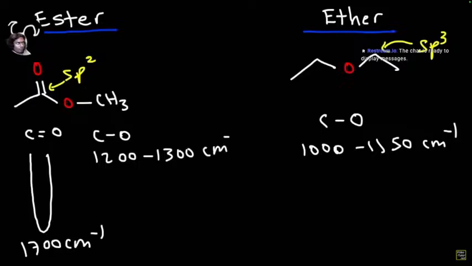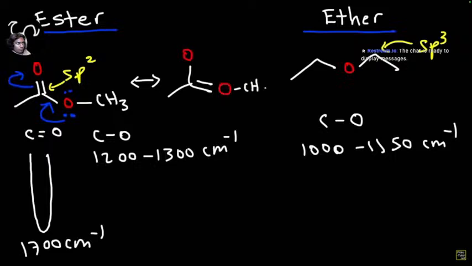And the reason for that is the resonance that can form here. So let's take this lone pair, form a pi bond, and break this pi bond. Now let's draw the resonance structure of the ester, and add the corresponding lone pairs.